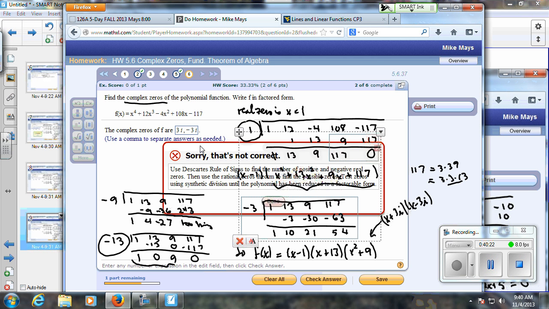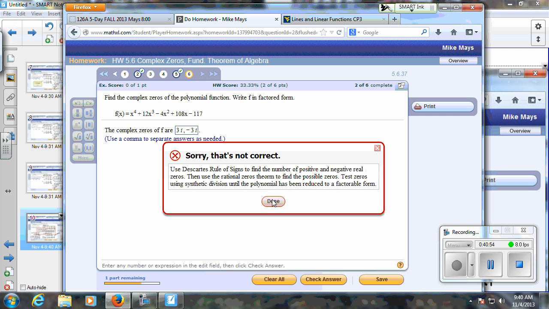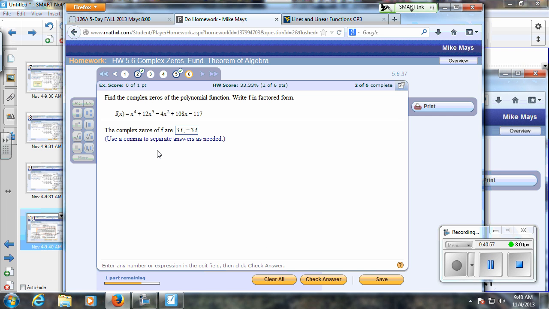I went through, I'll clear my ink and think about this again. What am I missing? 3i and minus 3i. Sure, I factored it right.